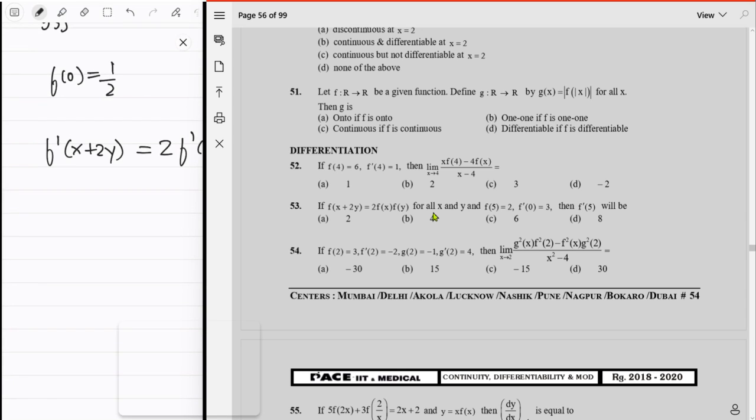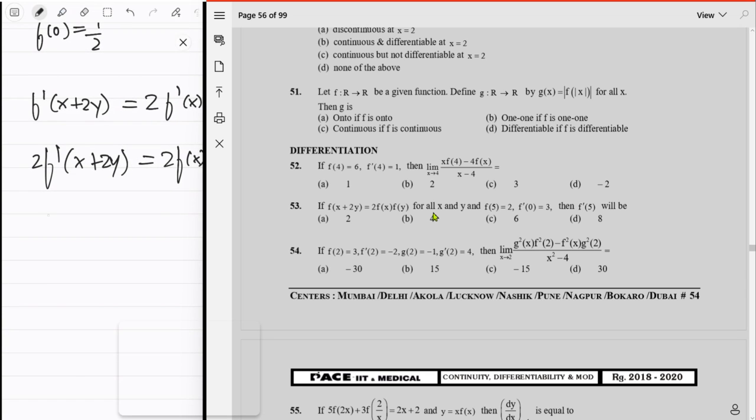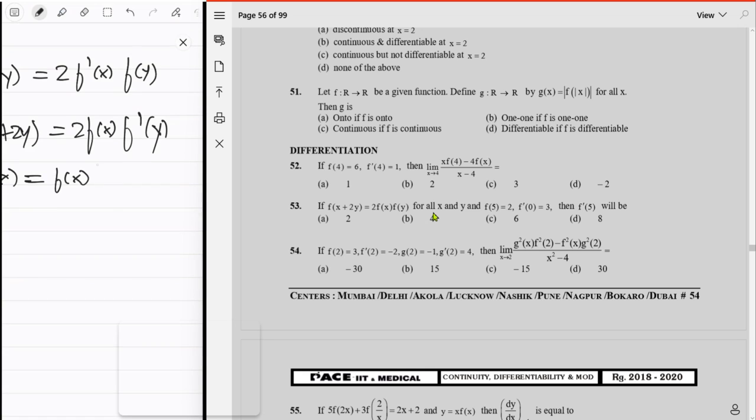Actually, first of all, we'll take the partial with respect to y, because that is a better thing to do. So this is equal to 2f of x times f dash of y, and now you put y equal to 0. What that gives us is that the 2 is gone. It's just f dash of x is equal to f of x times f dash of 0.